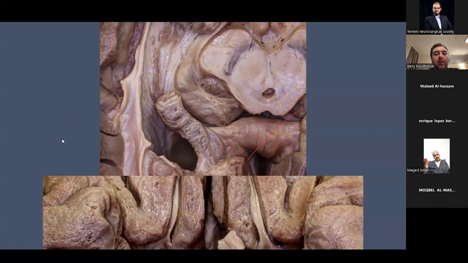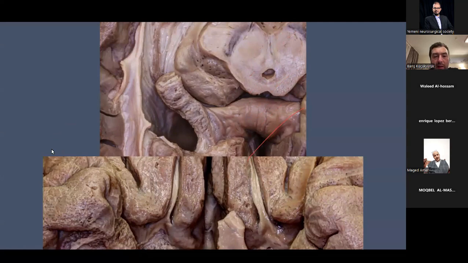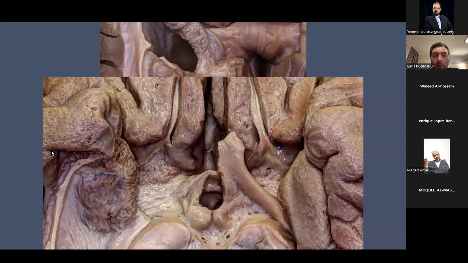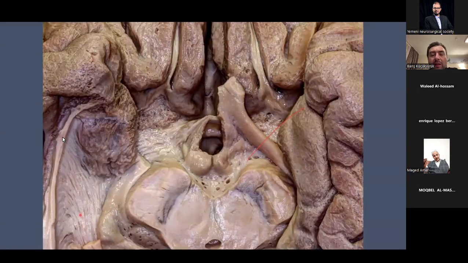Then when we remove the stria terminalis, tail of the caudate nucleus, and the tapetum fibers, we begin to see another set of fibers coming out of the lateral geniculate body. You see, I removed the optic nerve, optic chiasm, and the right-sided optic tract.